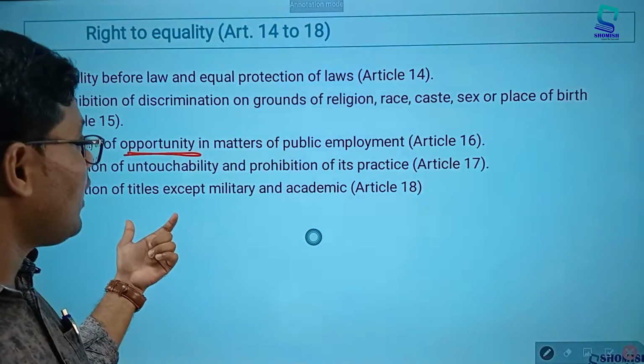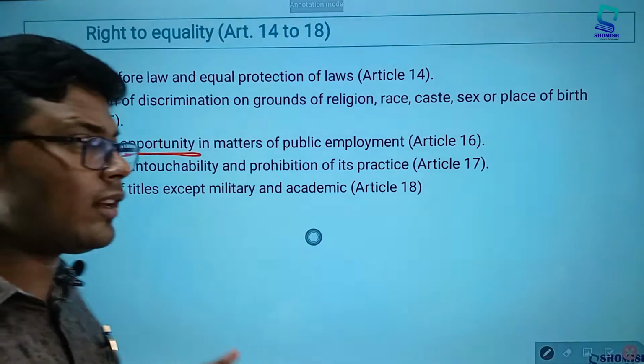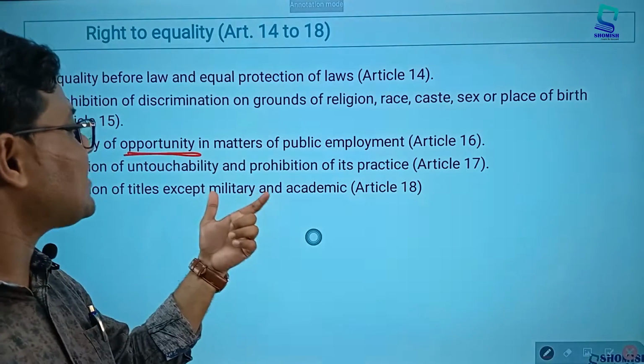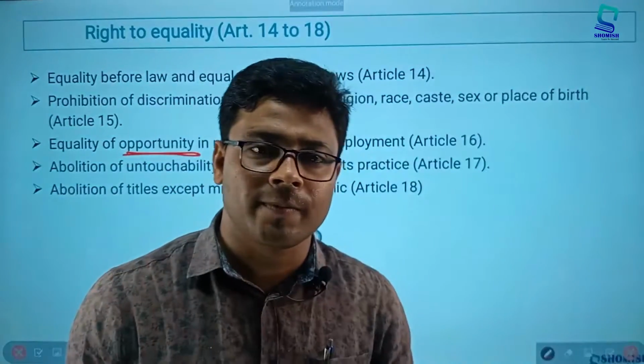Thereafter, Article 17. It is another important one: abolition of untouchability and prohibition of its practice.